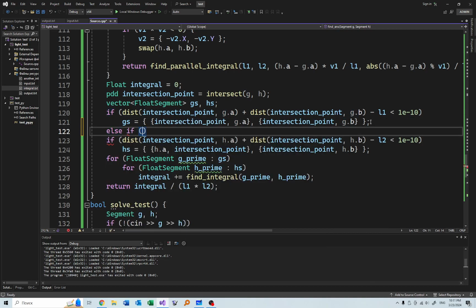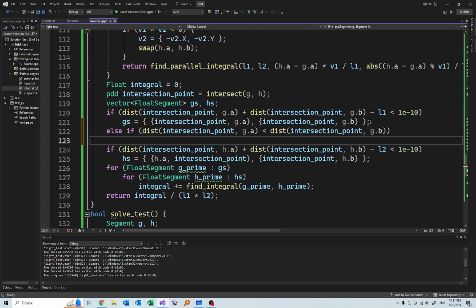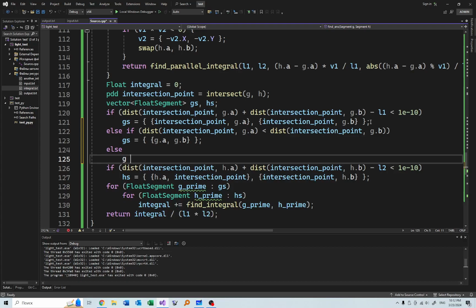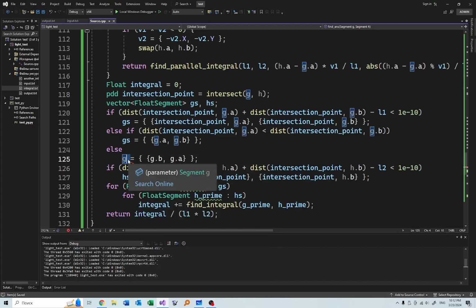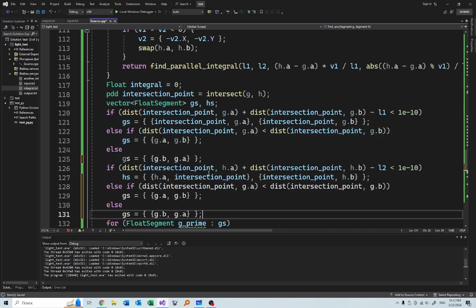So if distance between intersection point and J is less than distance between intersection point and GB, then we firstly need to take J and then GB. Else, first GB, then J. And same here.